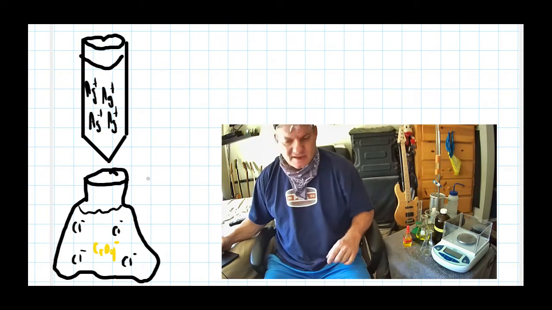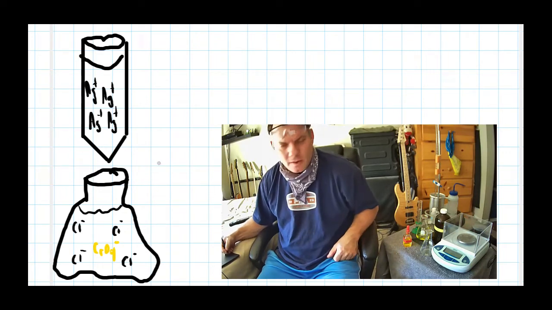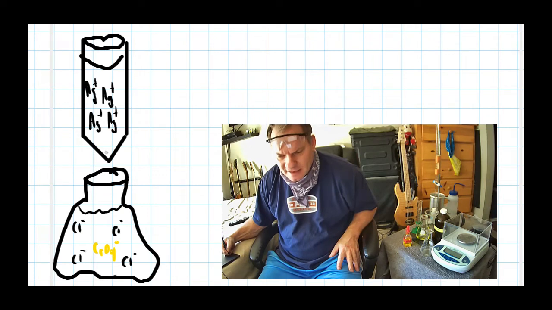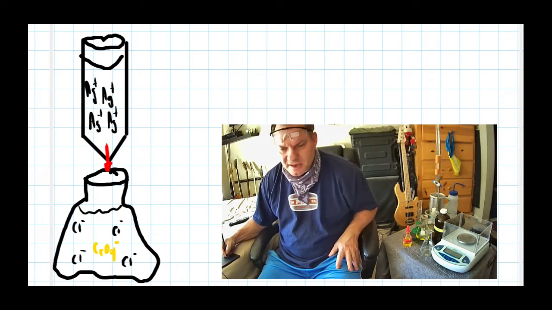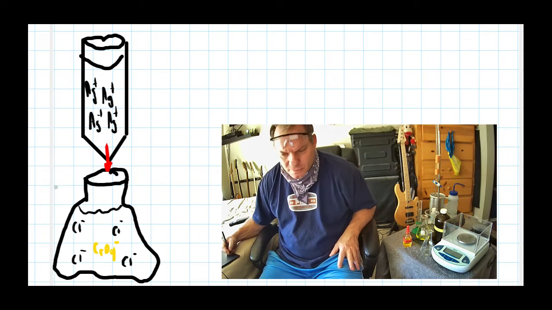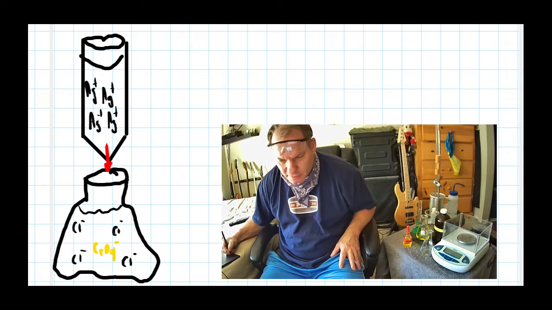Chromate, as you saw, is a yellow ion when it's by itself. And the idea here is that as I add silver ions, the silver ions are going to preferentially bond to the chlorides. They would rather be with the chlorides than they would the chromates. So when I add silver ions, they look around the room, they say, ooh, I like this chloride over here. And they bond to that chloride to form a solid.